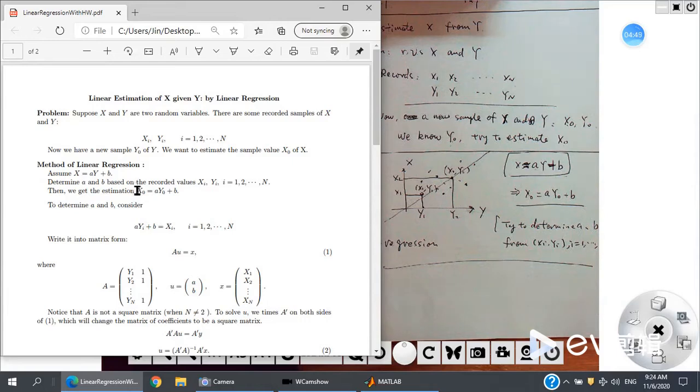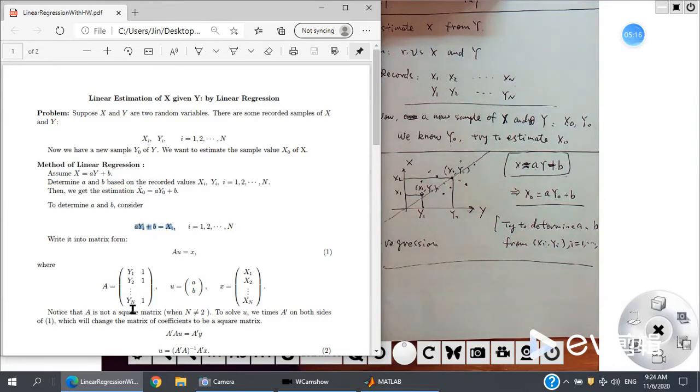We want to estimate x0 from y0 using this formula. Then we need to determine a and b. A and b give this relation, x equals a y plus b, for every xi and yi of the recorded data.